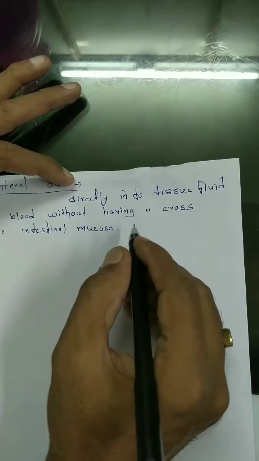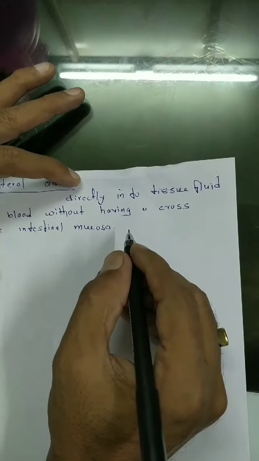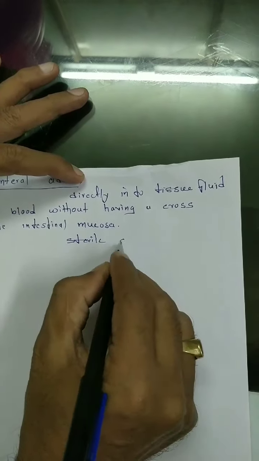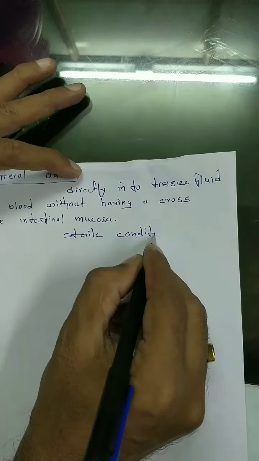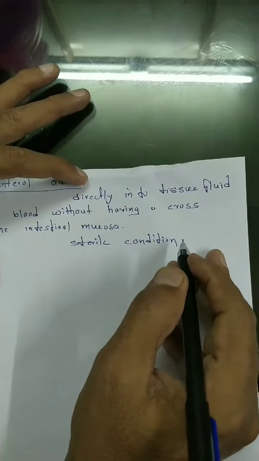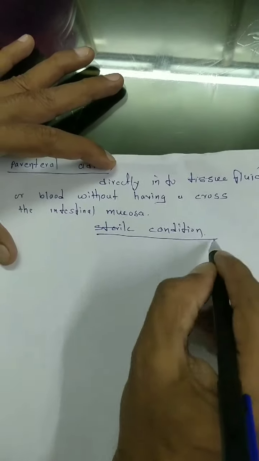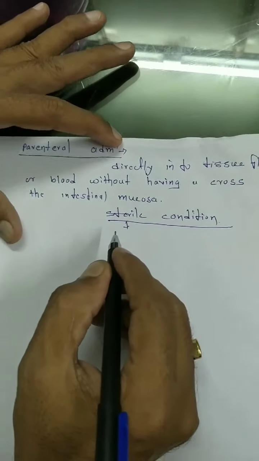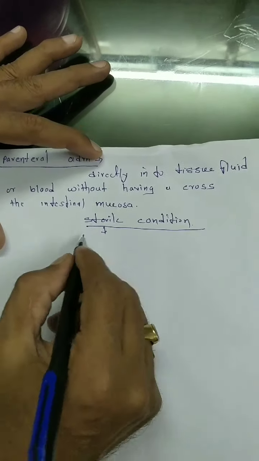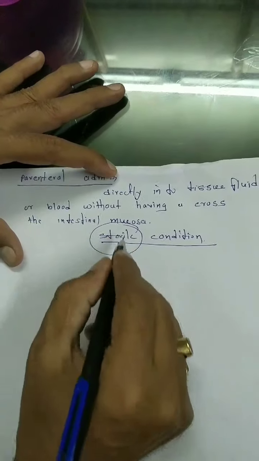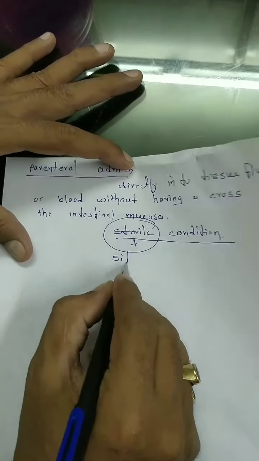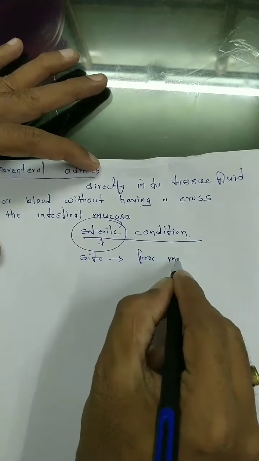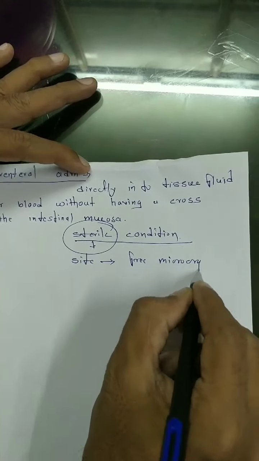With all forms of parenteral administration, sterile condition must be maintained. It means when you apply all types of injections in this route, that site should be free from microorganisms.